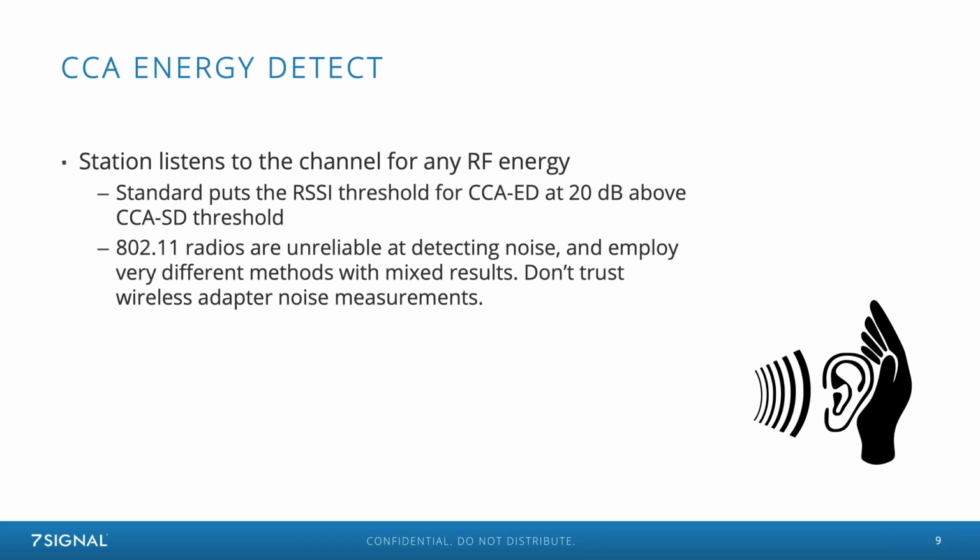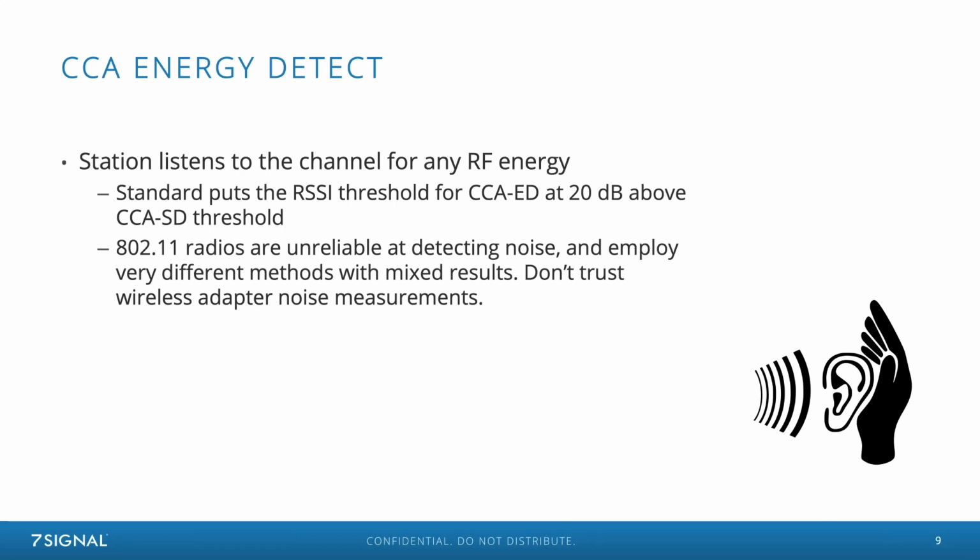So if we're doing signal detect at -90, then our energy detect is going to be at -70. So far less sensitive there. But this is where we're listening for non-802.11 signals, if you will. So Bluetooth or interference sources like microwaves or anything else operating on the spectrum.